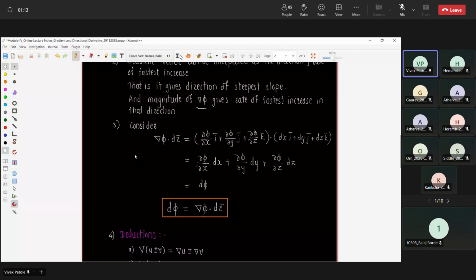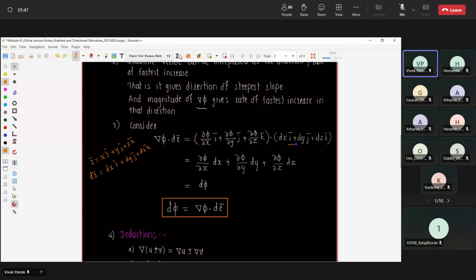If I write my r bar as, yesterday we discussed, x i bar plus y j bar plus z k bar, then I want dr bar. So dr bar is equal to dx i bar. So we have to get the differentials, plus dy j bar plus dz k bar, right?